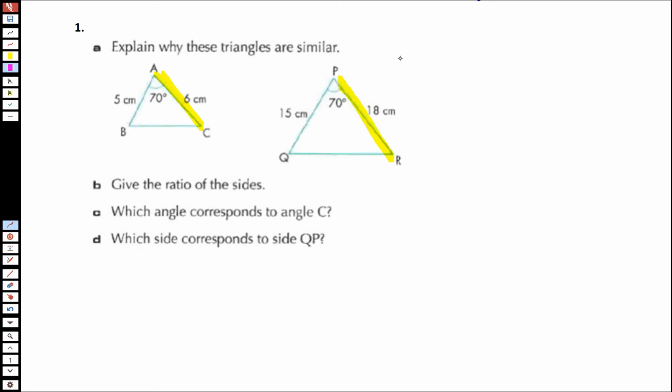So we can say that the ratio of the corresponding sides are equal, and we'll check that.